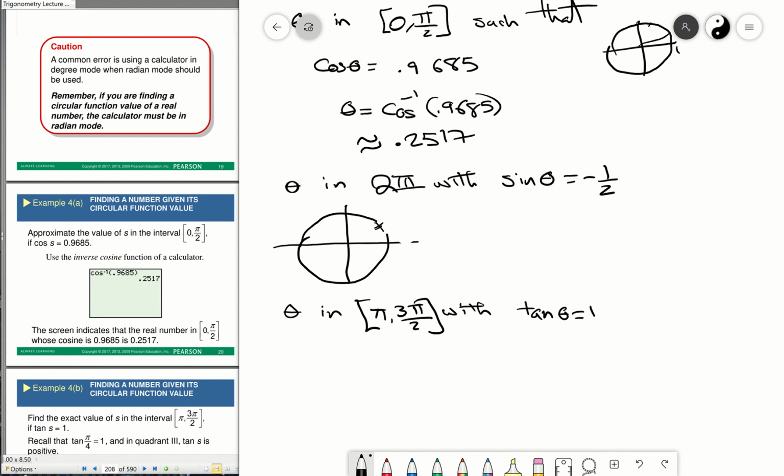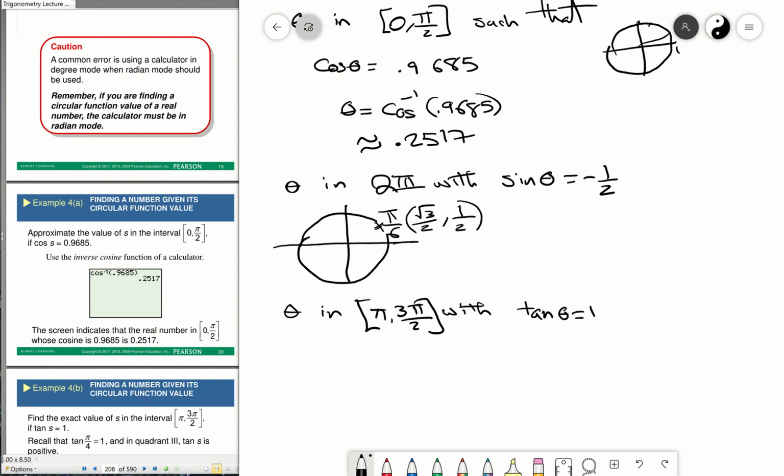I take that back, sorry. Pi over 6. It was 30 degrees or pi over 6. And the values associated with it, if you recall, were square root of 3 over 2 for the x value, and 1/2 for the y value.